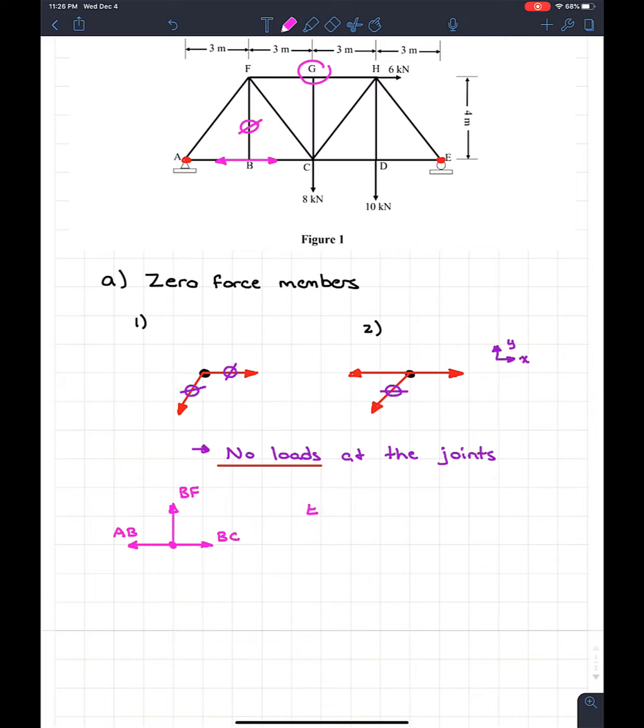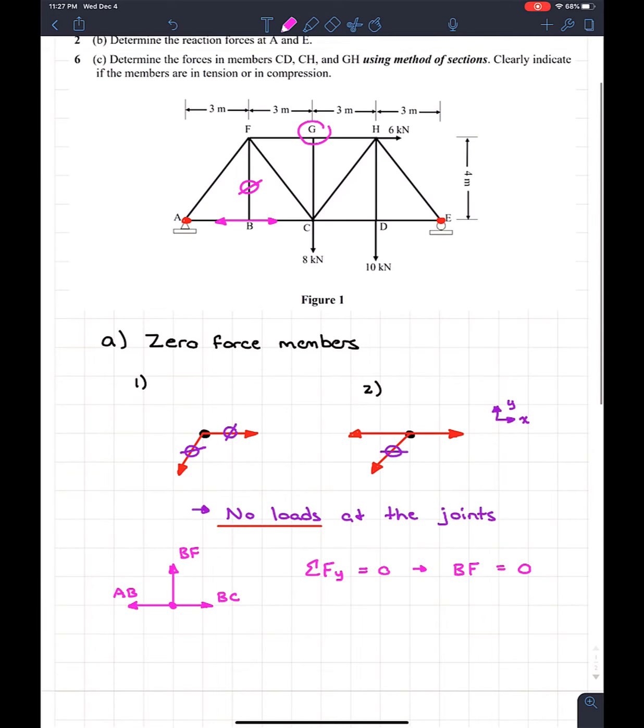Oops, I don't even know why I drew E. That has nothing to do with anything. If I do sum of the forces in Y equal to 0, well, what we'll find is that BF is the only thing in the Y direction and nothing else. And of course, all this must equal 0, so BF is equal to 0. So we can prove that BF is zero force.